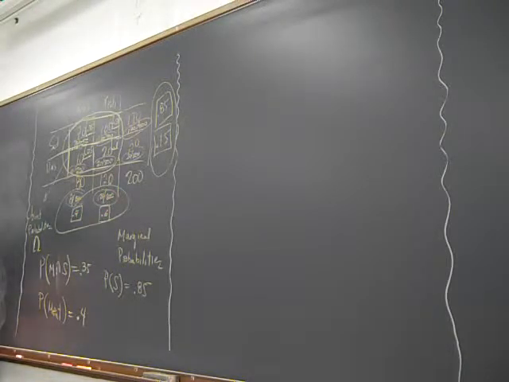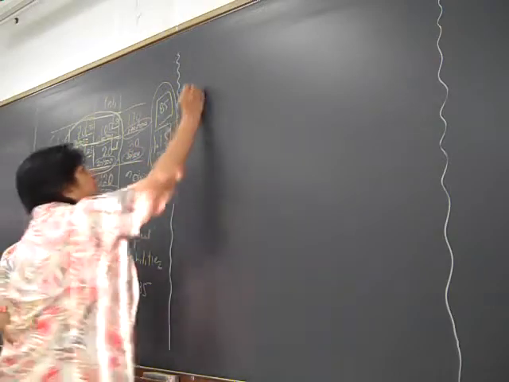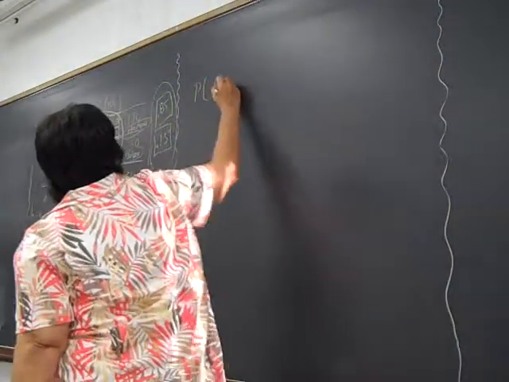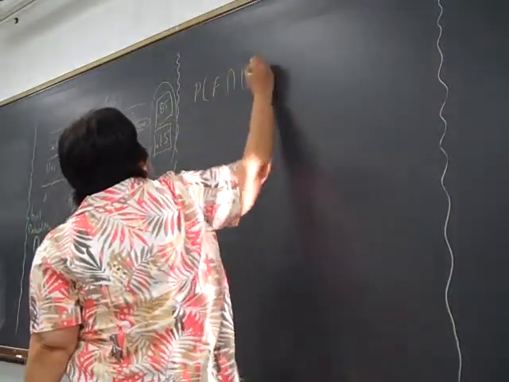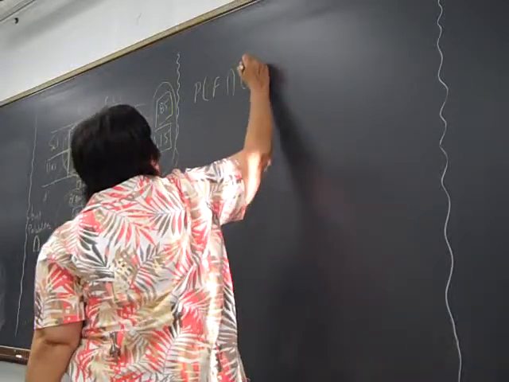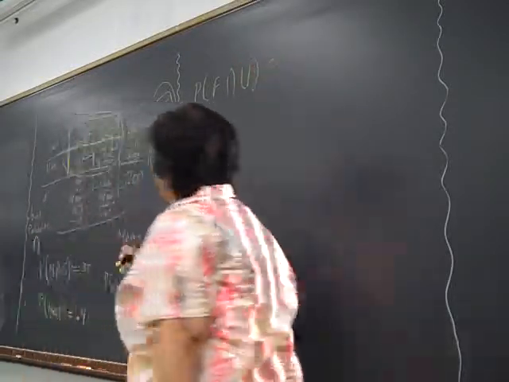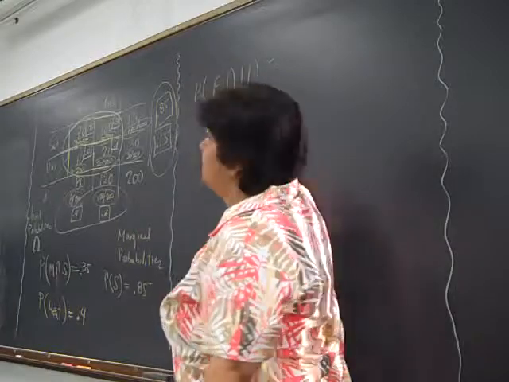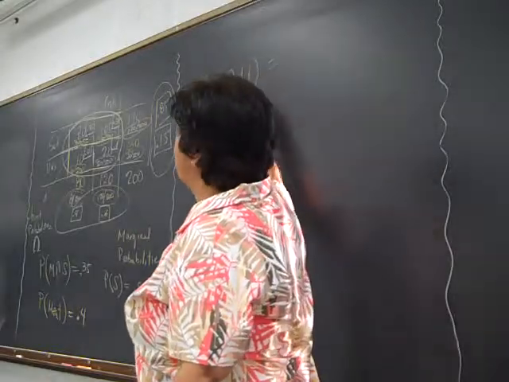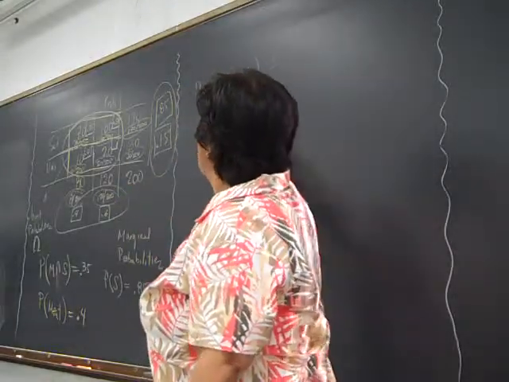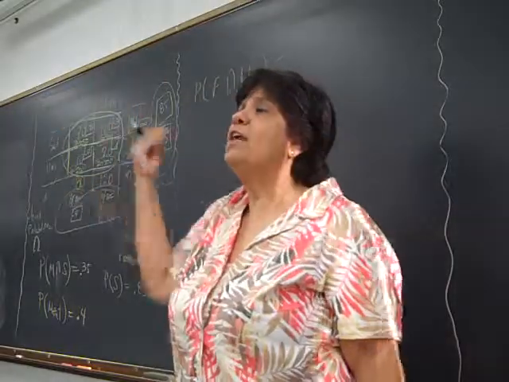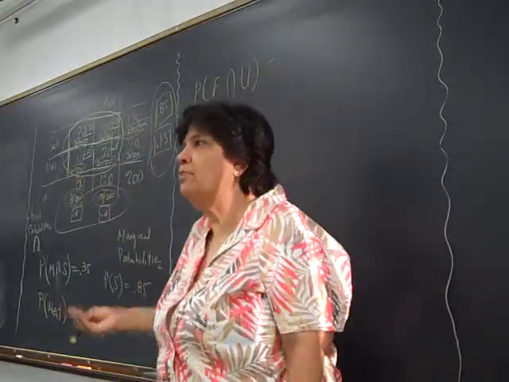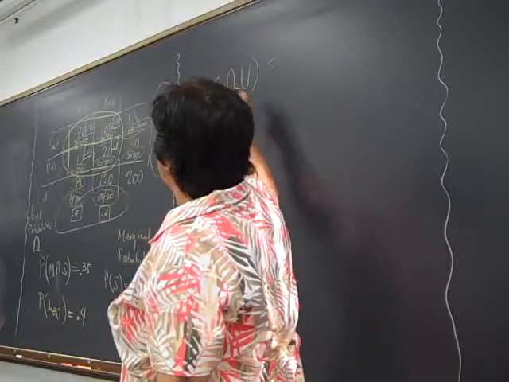Okay? So if I ask you, what is the probability that the person eats fish and is unsatisfied? What is that? An intersection. So if you see an intersection, you know that is a what? A joint probability. What is this probability?